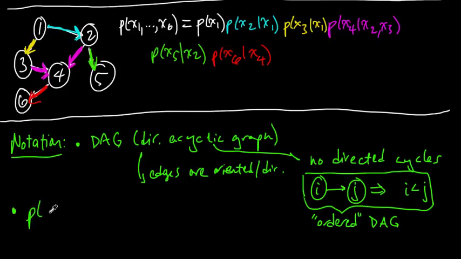Another standard notation that's going to be useful in this context is to use this to denote what's called the parents of vertex i. And the parents of vertex i are all those edges.